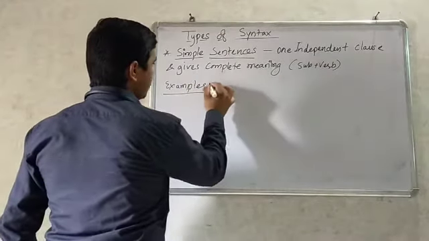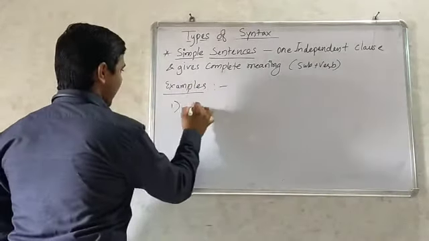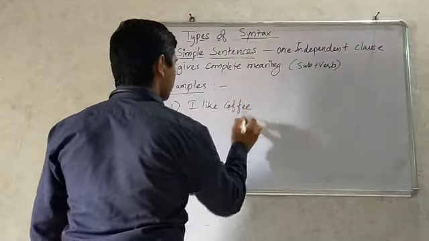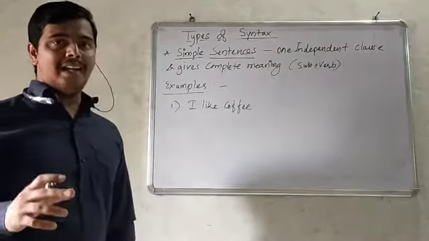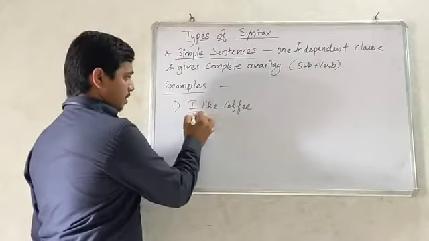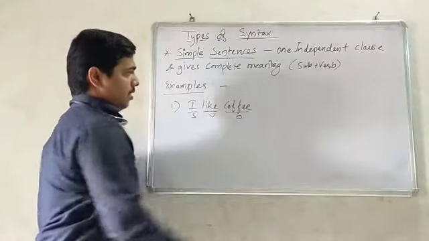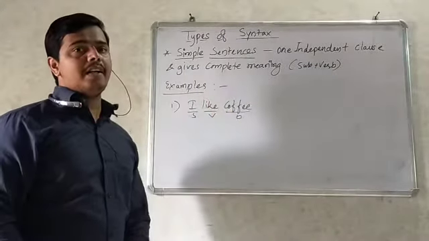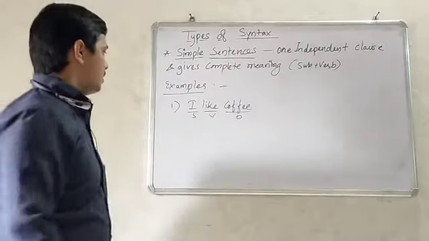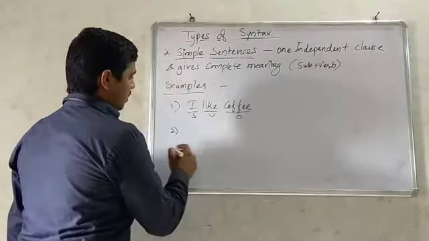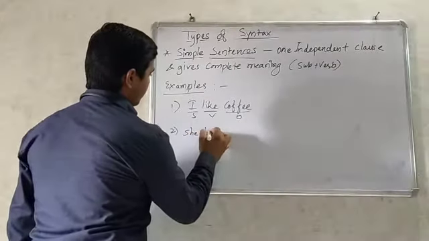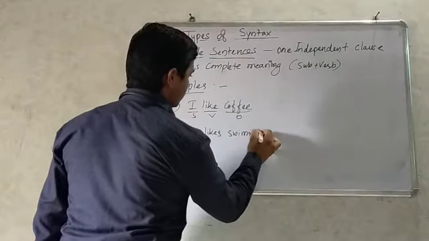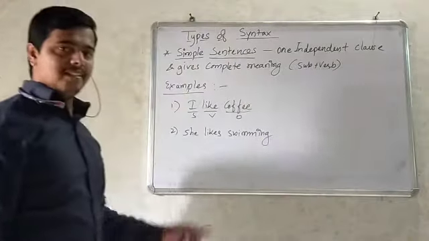Now let us take some examples. I like coffee. Here we have subject, verb and object. This is an example of a simple sentence. Second, she likes swimming.